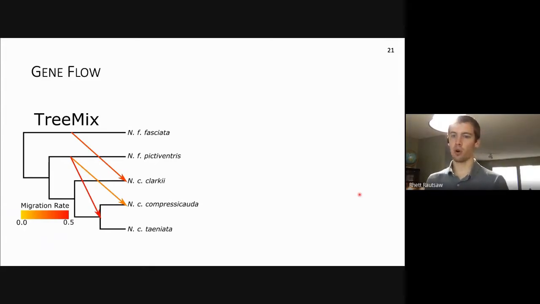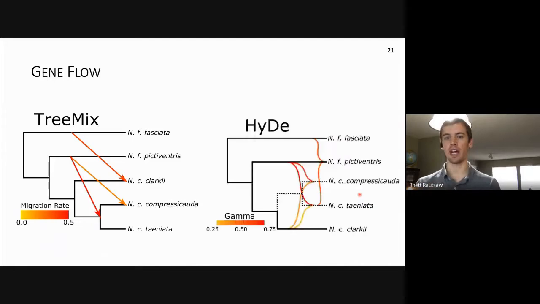We also tested for hybrid formation using a program called HYDE. HYDE identified that some of these lineages may actually be the result of hybrid formation, where ancestral Nerodia clarki and ancestral Nerodia fasciata came together to form these new lineages.